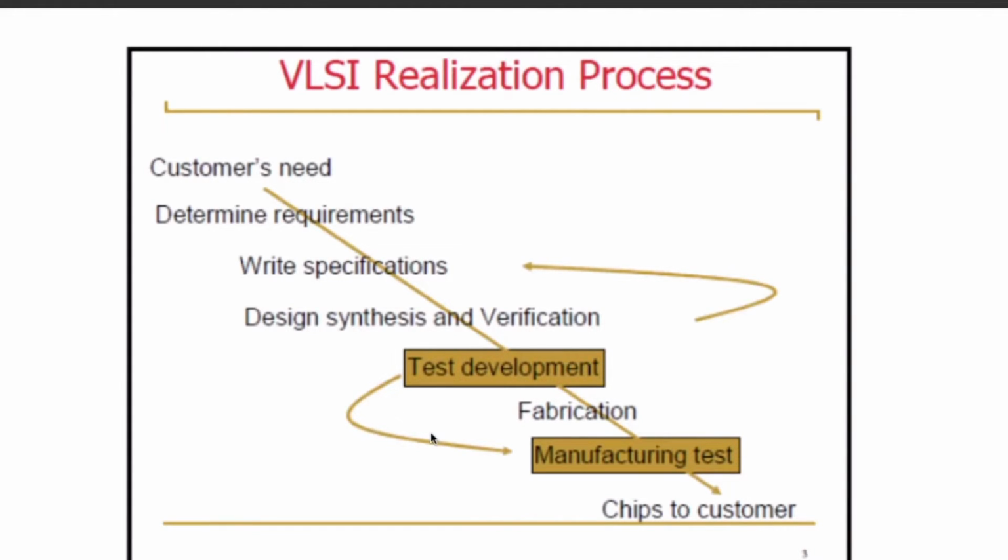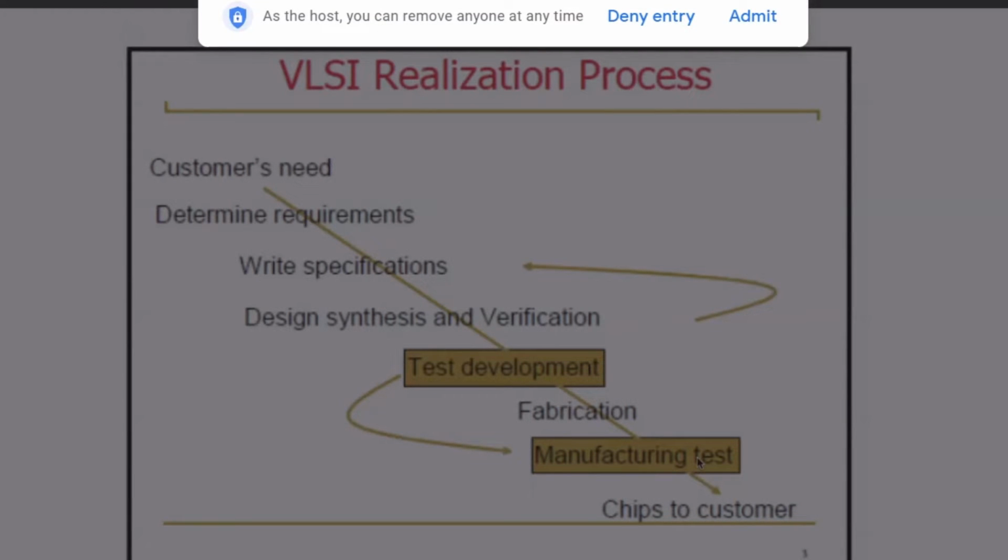After gathering a confidence matrix or test coverage, that is, how correct our design is, which we evaluate using multiple verification processes, we go for fabrication. Finally, we test the manufactured devices through manufacturing testing, and then we deliver them to customers. The time taken from the beginning to the end is known as time to market.